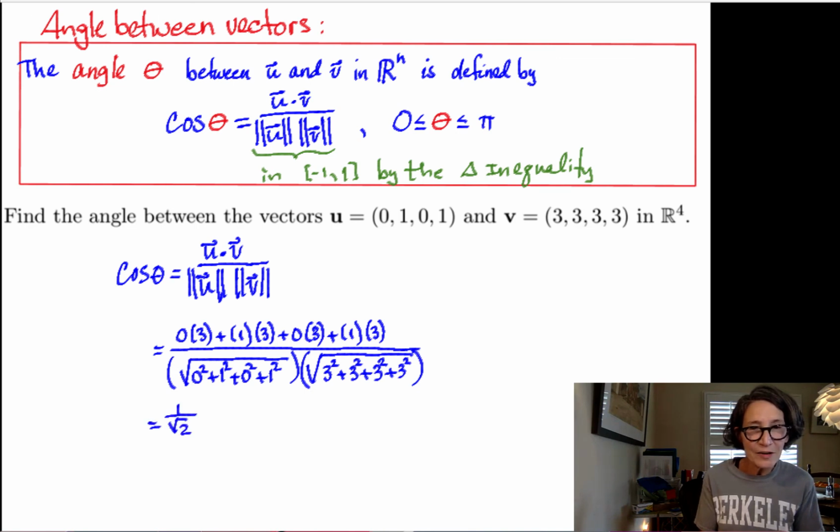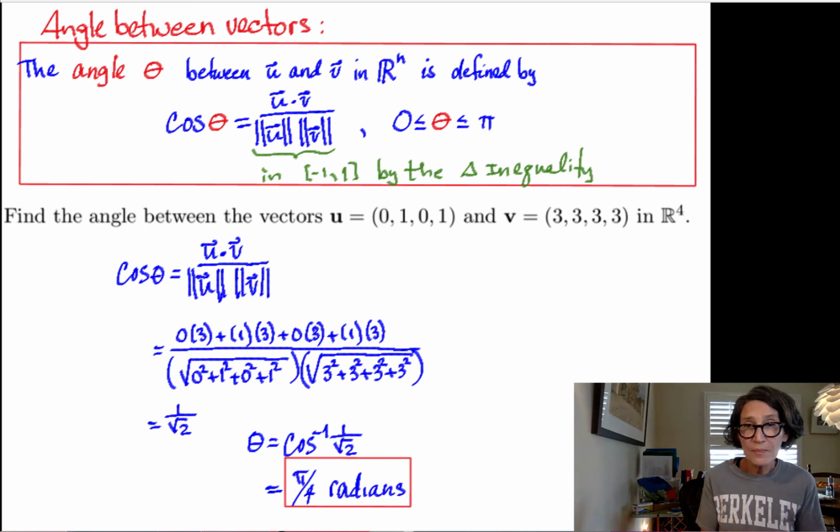The denominator is square root of 2 times the square root of 36. So I get 1 over the square root of 2. That's the cosine of the angle I'm looking for. And I know the angle I'm looking for is between 0 and pi radians. So theta is the arc cosine of 1 over root 2, which means that it's pi over 4 radians.